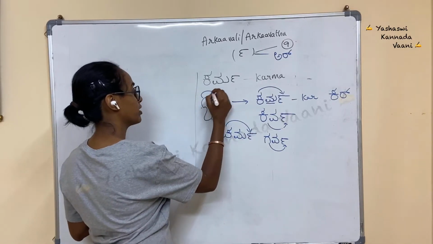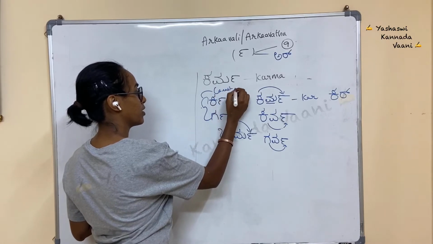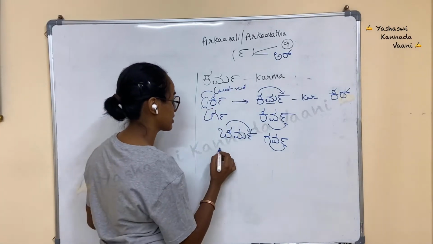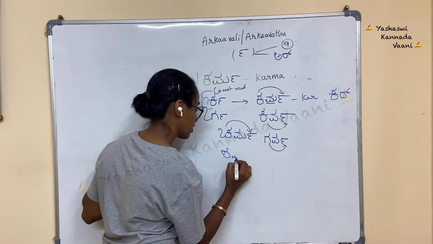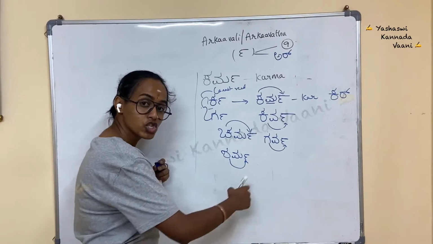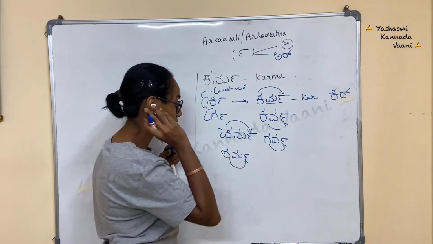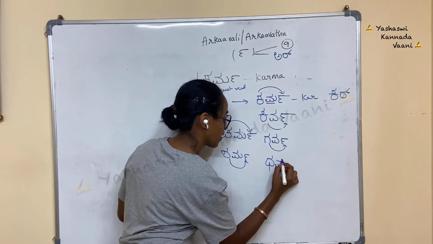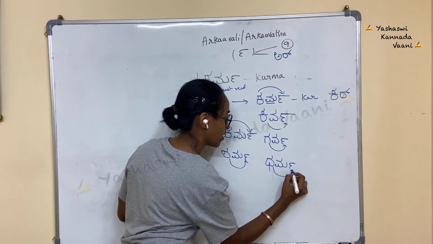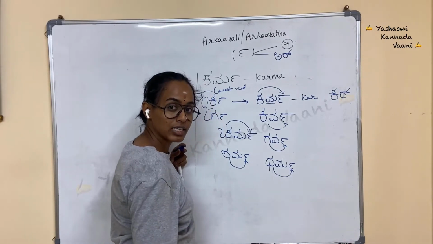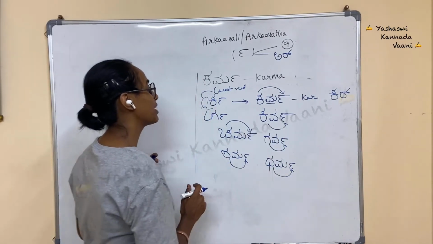Remember, you cannot read this if it is just like this. Okay, next. How do you read this? Shar ma. Very good. Dhar ma. Understood now? So keep it in mind.